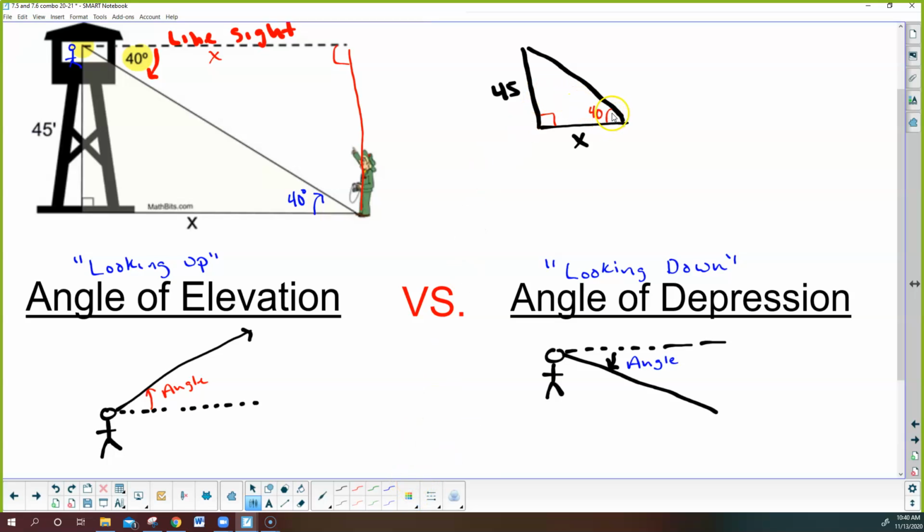So what do we have? We have my angle of reference. That's the 40 degrees. And the 45 is across from that. So that's the opposite. And I want to find the side length, the leg that makes up the 40 degrees. So that's the adjacent.